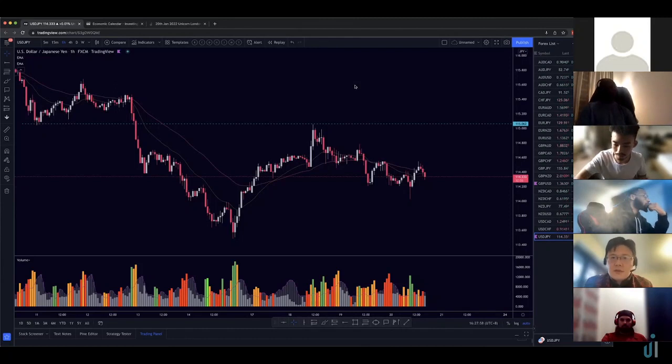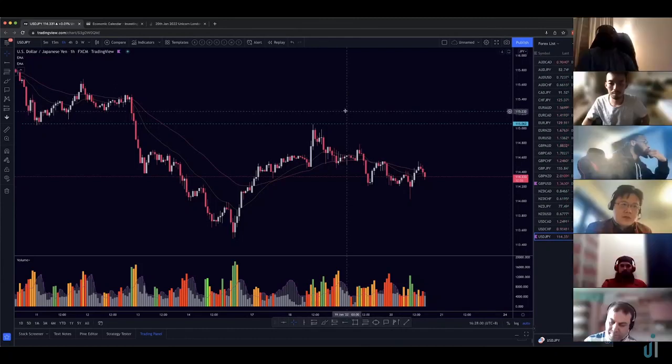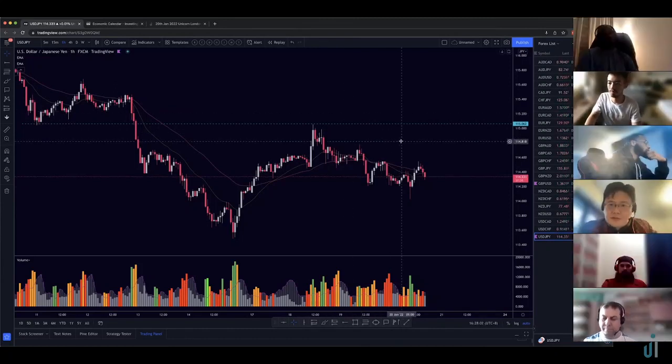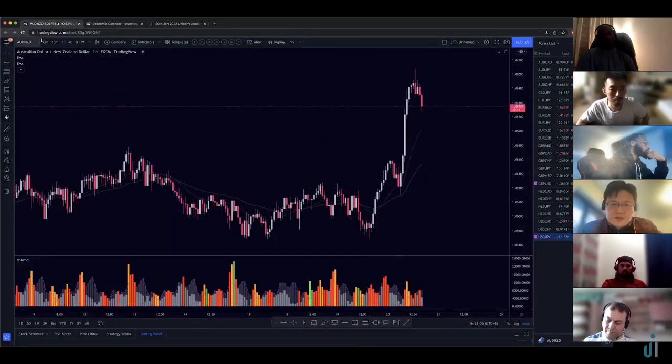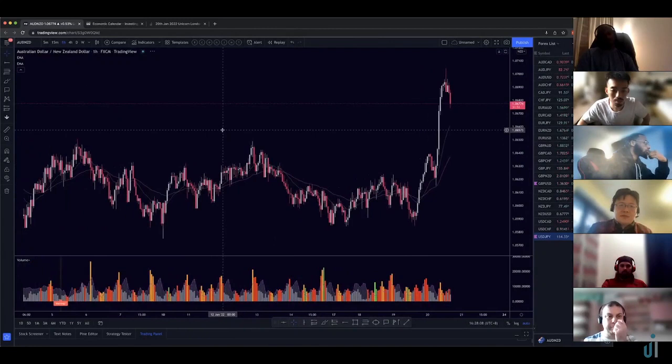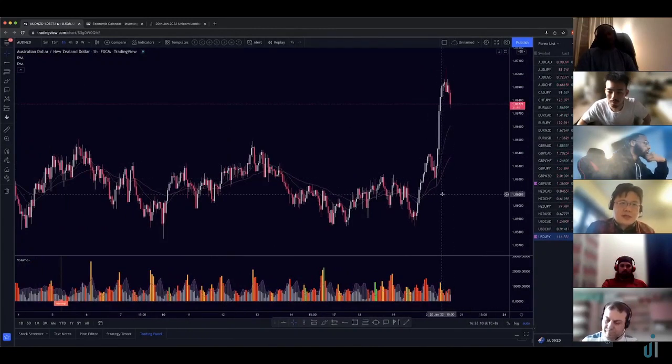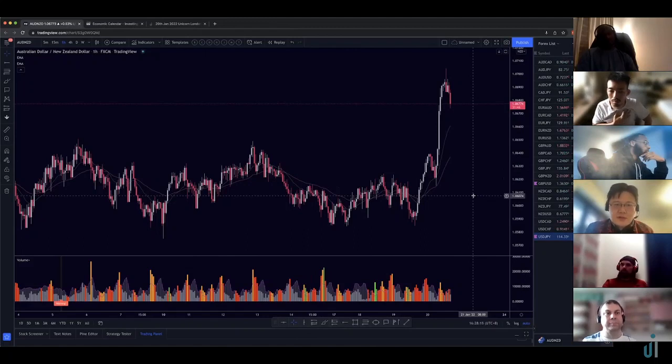Lucas, I'm looking to sell Australia, New Zealand dollar. Actually, I had two pairs, but I think this one is setting up first. I was also looking at British pound, Australia dollar, but now Australia, New Zealand. It seems we can get an entry.